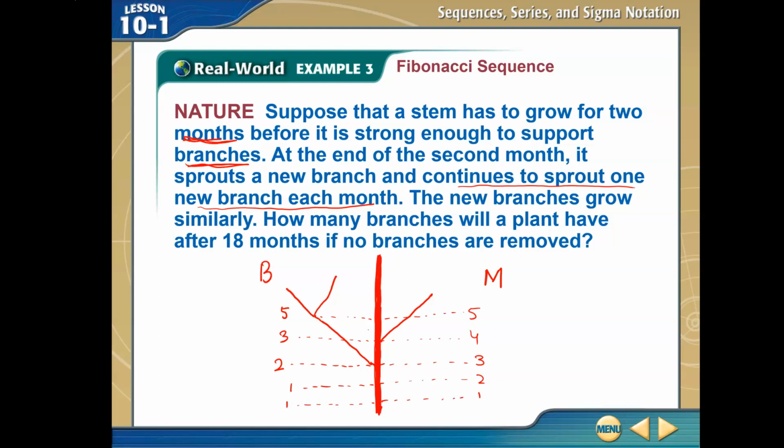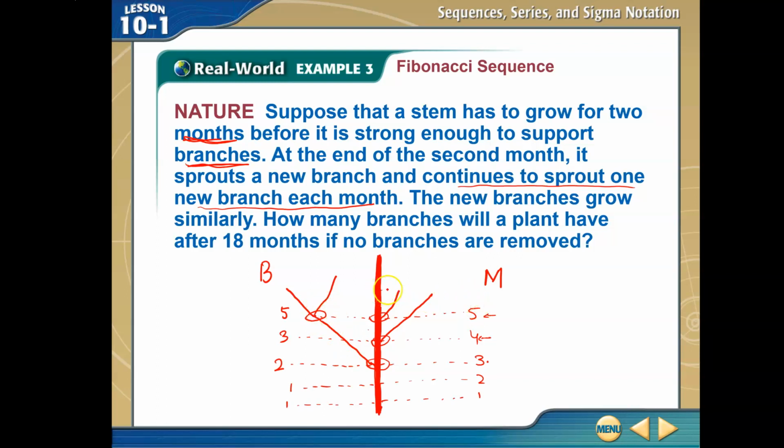One branch is growing here, one branch will also grow here. So third month you have this branch, fourth month you have this new branch, fifth you have this branch but also growth over here, because once one or two months have passed, the stem will grow one branch.